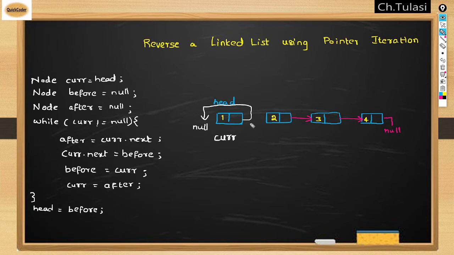But we have to maintain the address of this next node in some variable. So how to store that? When I am making this pointer null, I have to store the address of this next node. So that is what I'm doing.